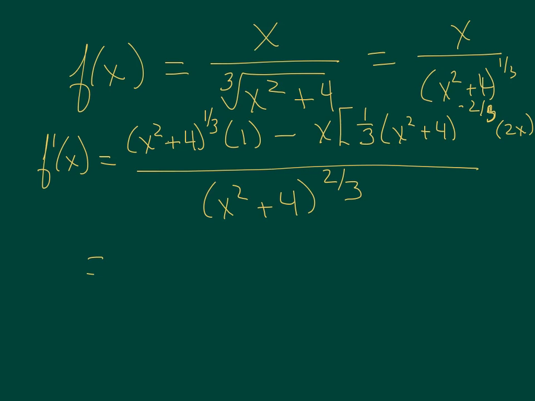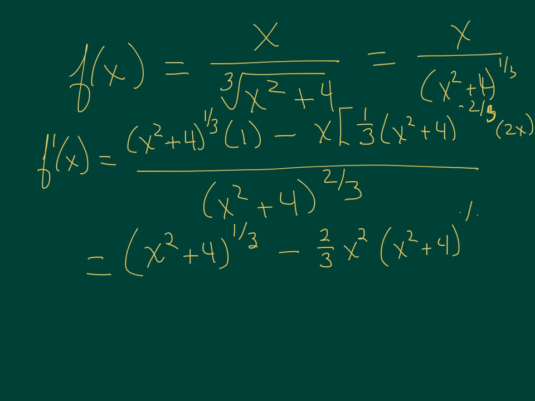We simplify the numerator a little bit before we factor out. Minus, we will have 2/3 x squared times x squared plus 4 to the negative 2/3.